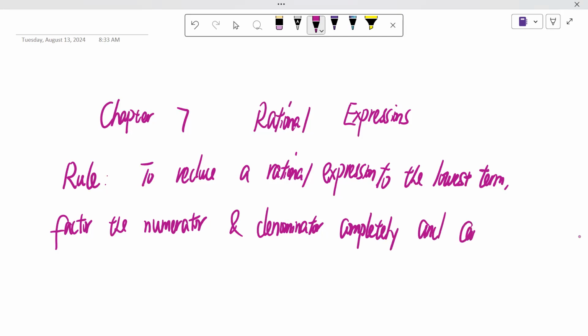So the most important skill here will be factoring, right?